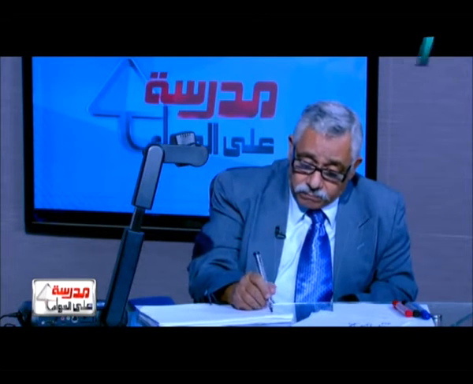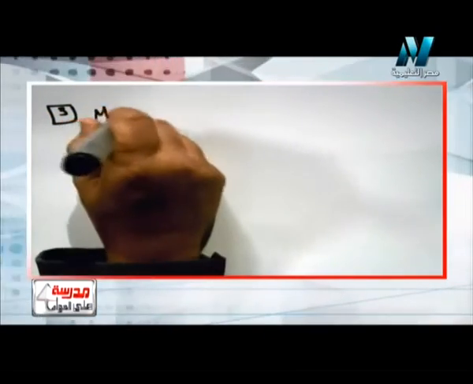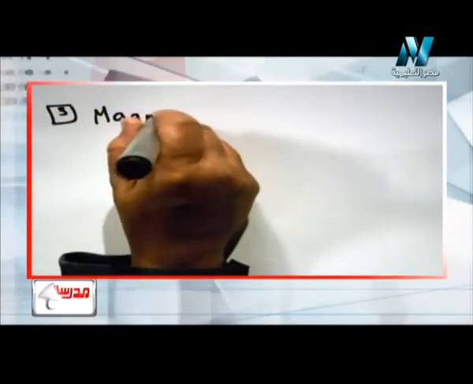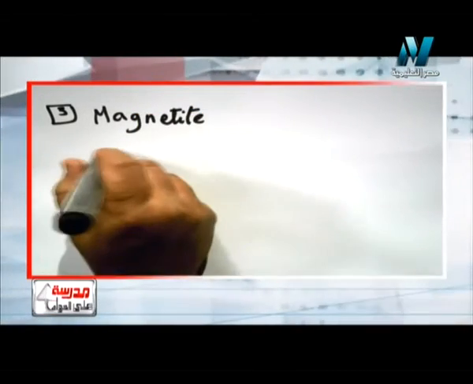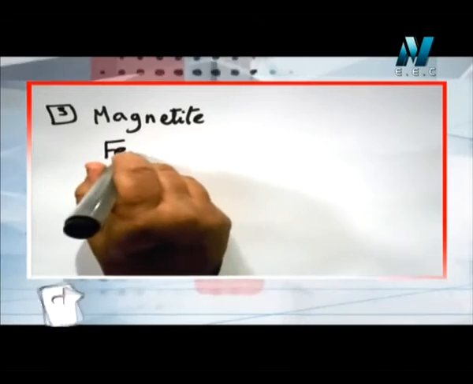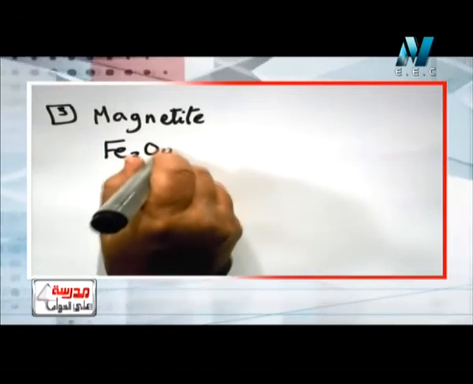This is number 2, limonite, hydrated iron 3 oxide. Number 3, magnetite, Fe3O4.